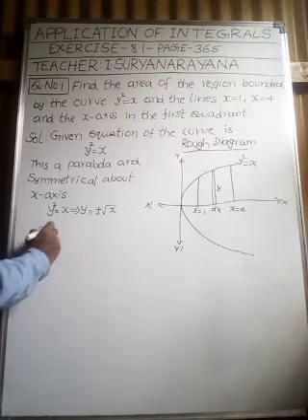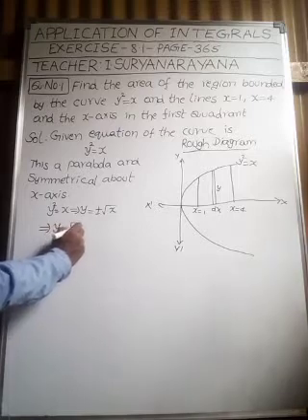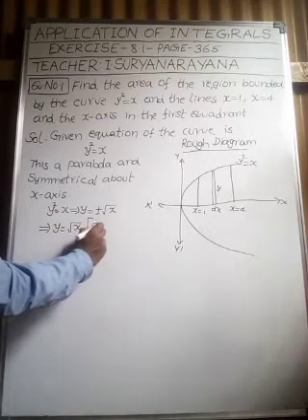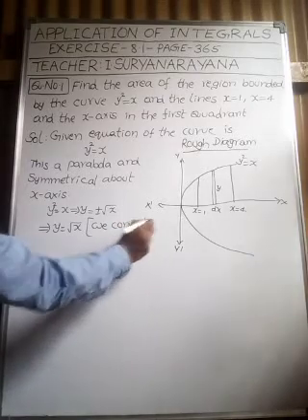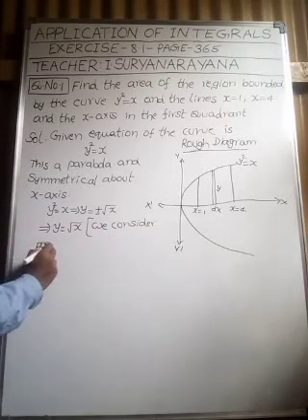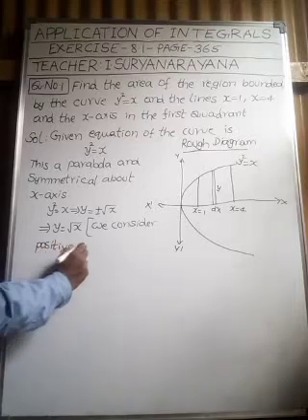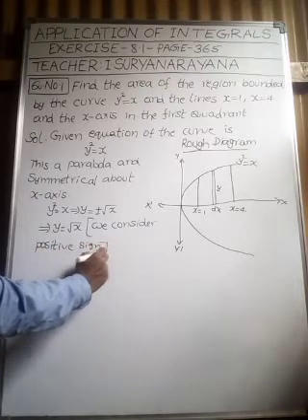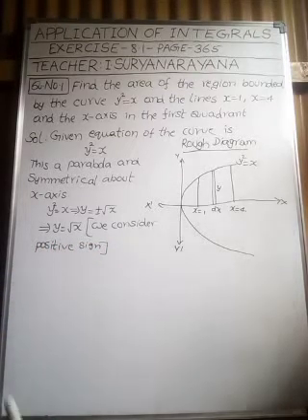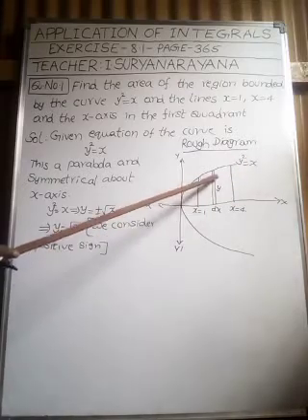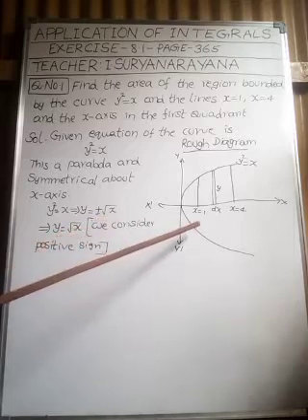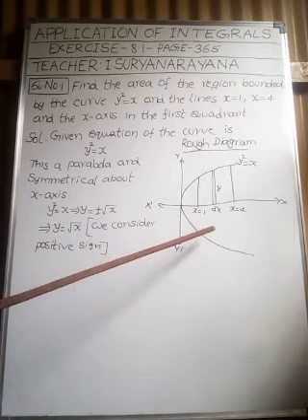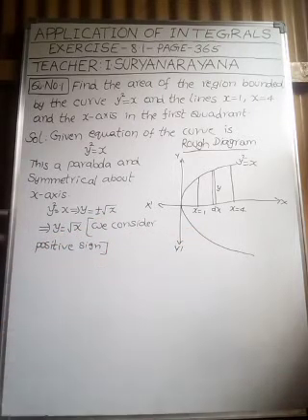We consider the positive sign because this region is above the x-axis. If it is below the x-axis, we take minus root x, y is equal to minus root x. Understood this point, my children? Right. So we found y.